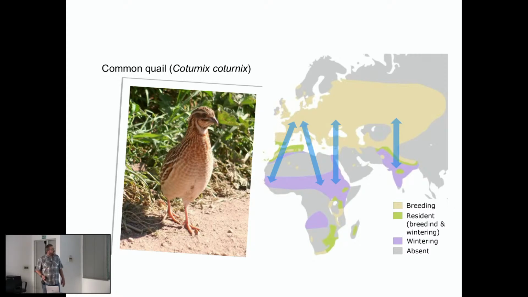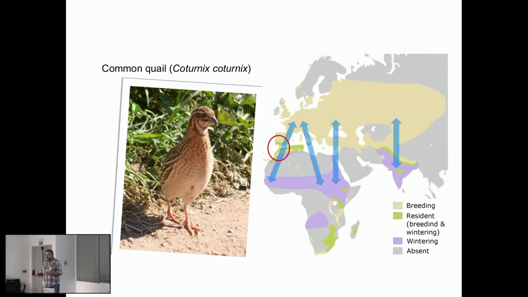And we are here. We're working in the south of the Iberian Peninsula, where we have migratory quails. Supposedly we have resident quails that spend the entire year here, and we have flyways, so we have a complex situation with all kinds of quails.